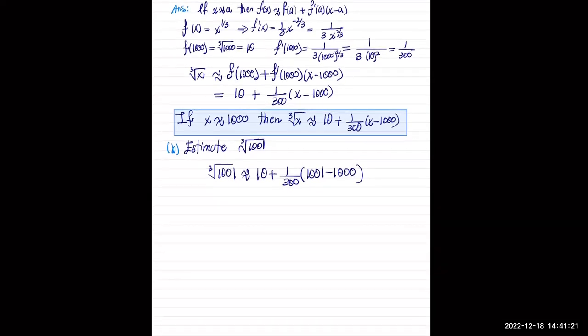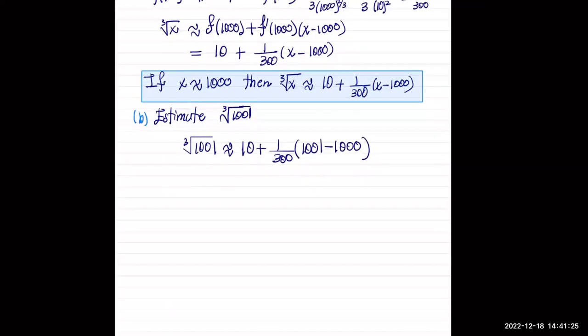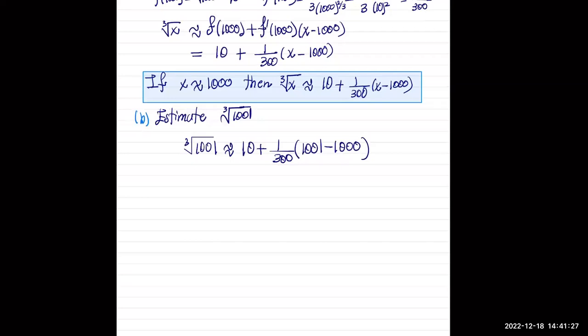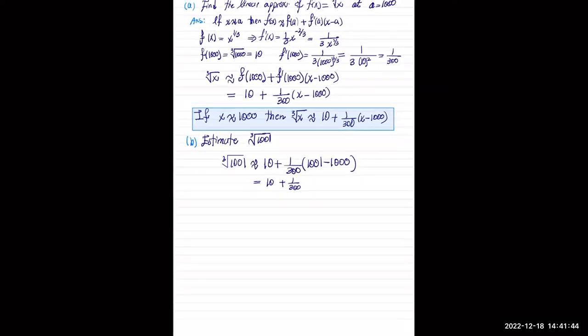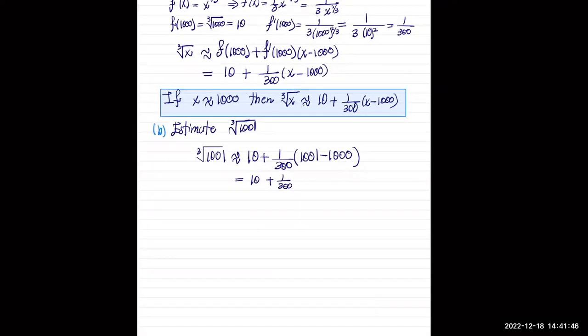Just replacing x with 1,001, and that's it. That's 10 plus 1/300, so 10 and 1/300. You could write that as a fraction, or as a mixed number if you want.